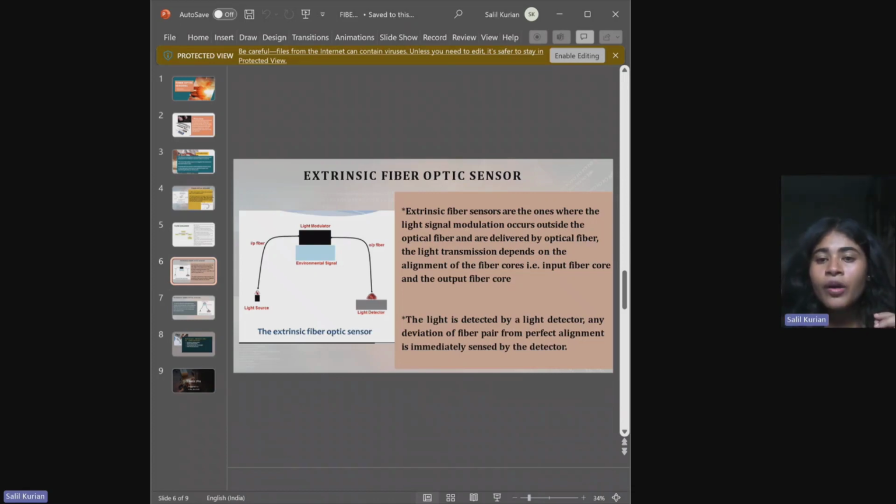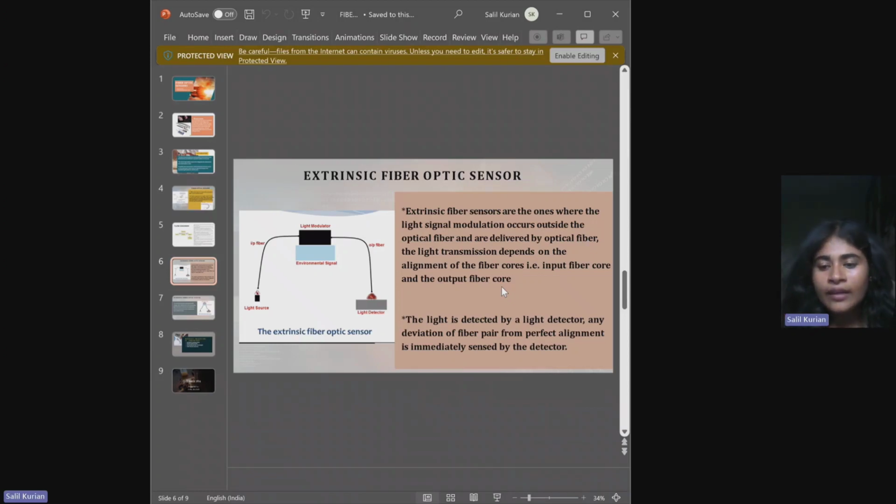So when we speak about extrinsic optic fiber, it utilizes the optic fibers as a medium to transmit light to an external sensing element. In these types of sensors, the optical fiber acts as a conduit to carry light to separate sensing elements, where the actual sensing process takes place.